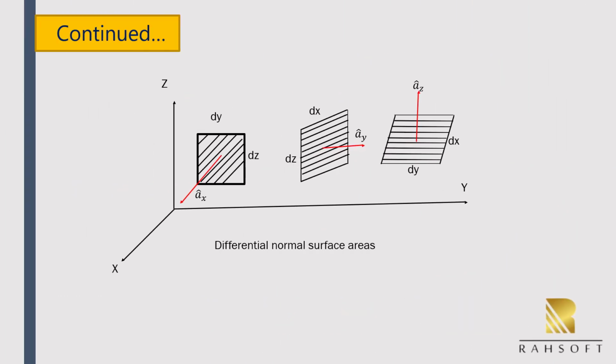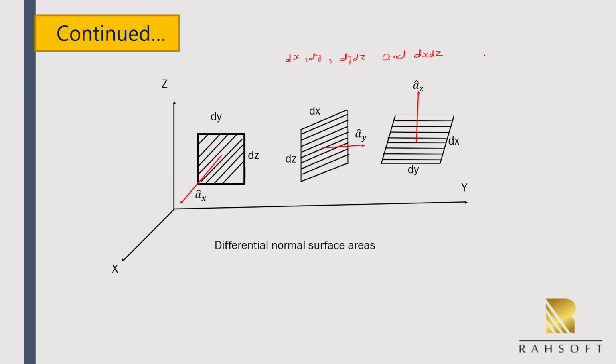Now taking area as a vector quantity, the three areas are dx dy, dy dz, and dx dz.